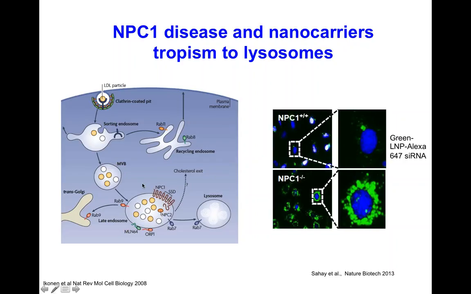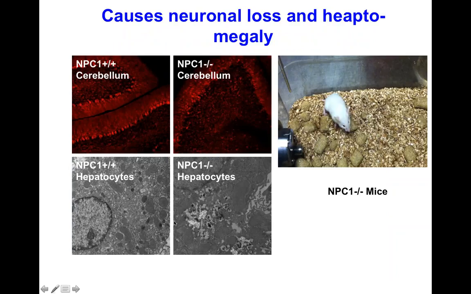So based on that theory, we thought, would nanoparticles be effective carriers for treatment of Niemann Pick Type C1 disorder? Absence of NPC1 causes a huge accumulation of cholesterol in the cells. Because of the amount of cholesterol that gets accumulated intracellularly, the most affected part is the brain, the cerebellum, in which there is a loss of Purkinje fibers.